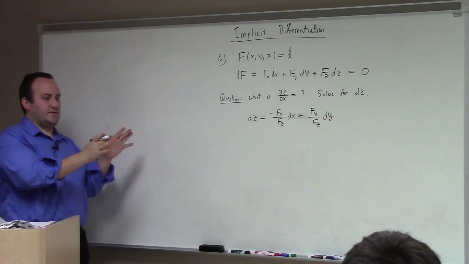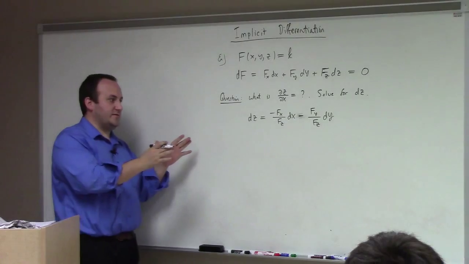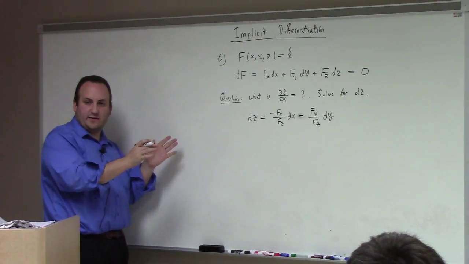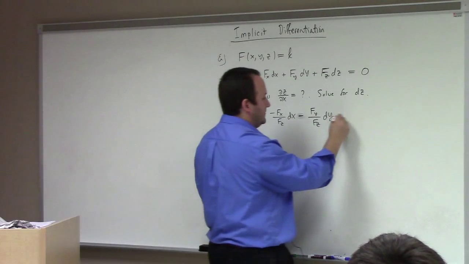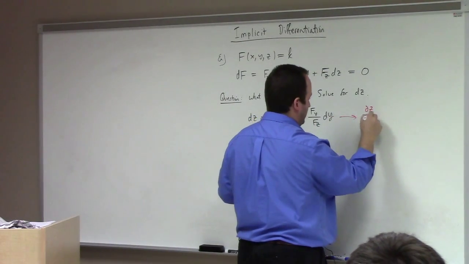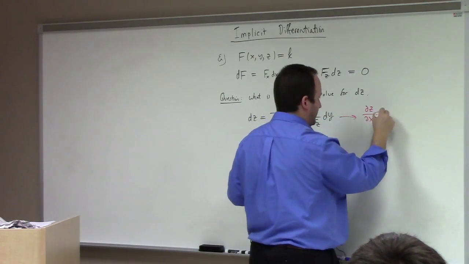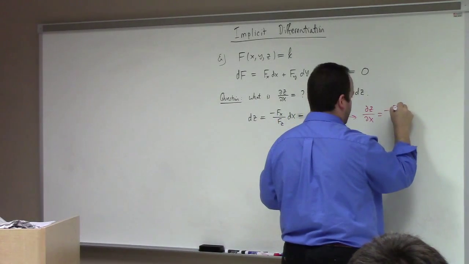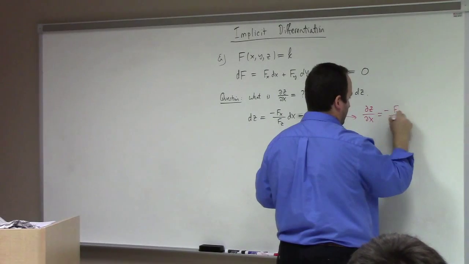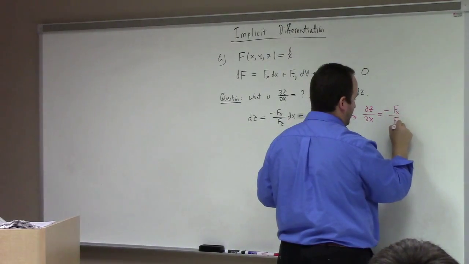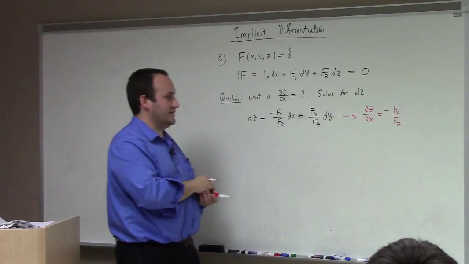So from this expression, I can read off the partial derivatives of z with respect to x and y. From this, partial z, partial x is equal to minus f_x over f_z. That should save some writing, using the partial derivative subscript notation.